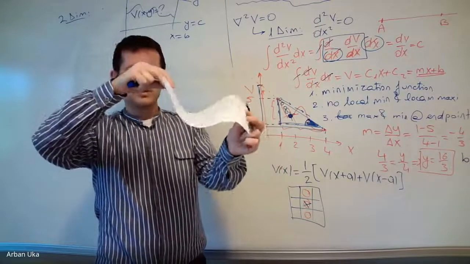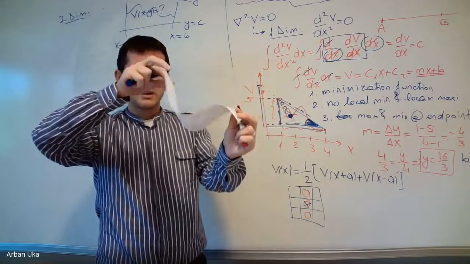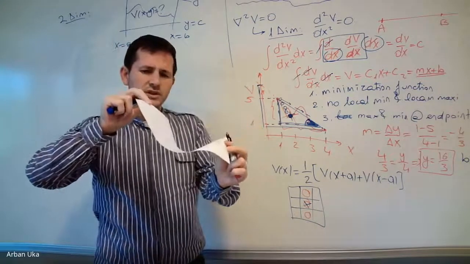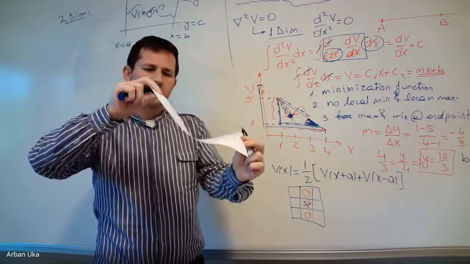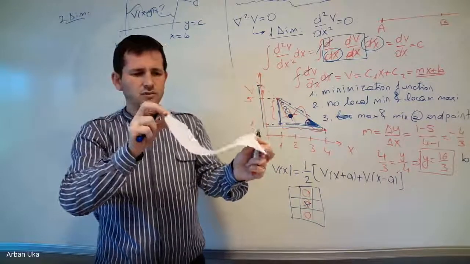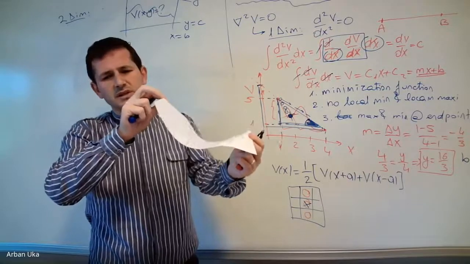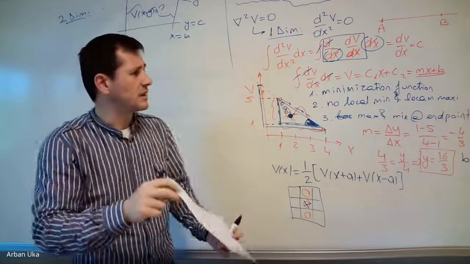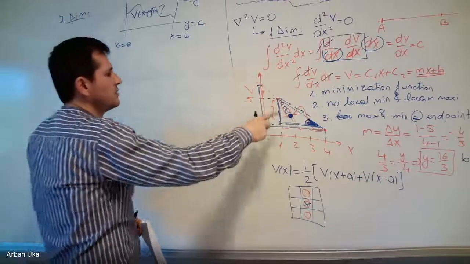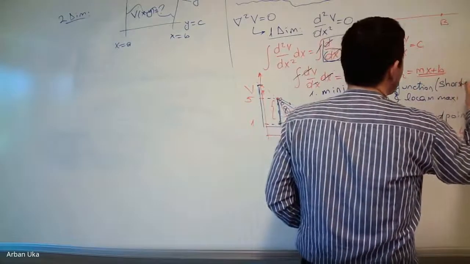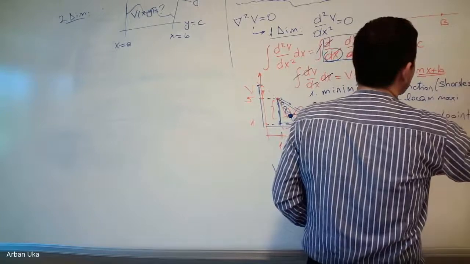You'll never see a solution where at this very top is the value of the potential, and then the potential drops down to this value here and increases again like this, but it would rather be something like this. So here it was a minimization function, kind of shortest path length.